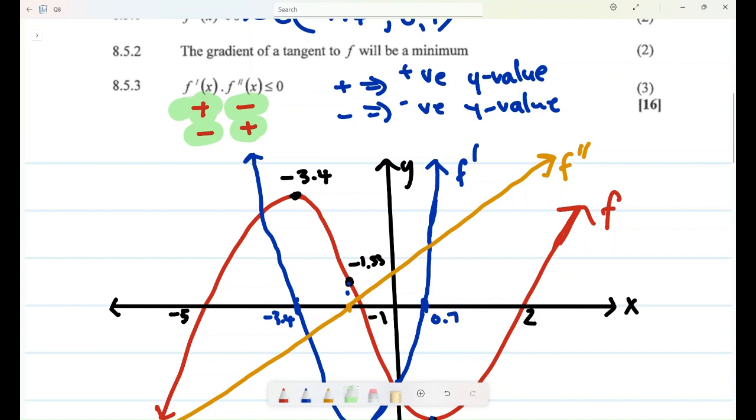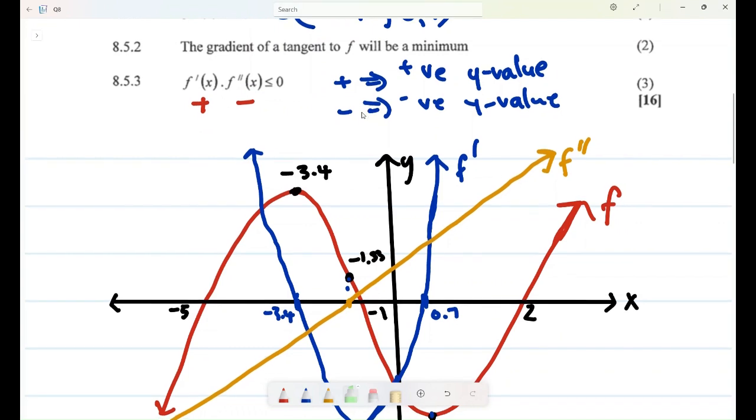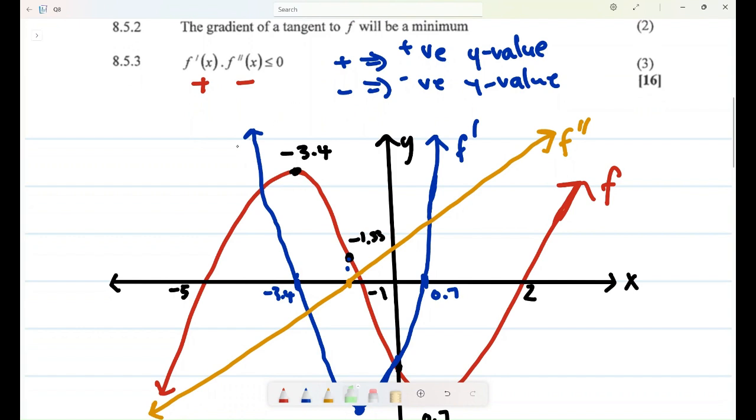This line here, let's start with that line there. Actually, okay, let's start with this one. Positive and negative. Now, let's highlight where f prime is positive, or above. f prime is positive on this portion, all right, as well as this portion.